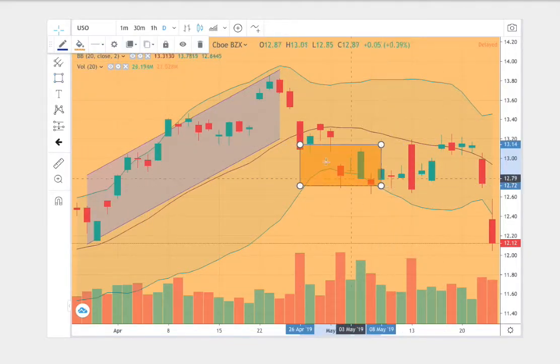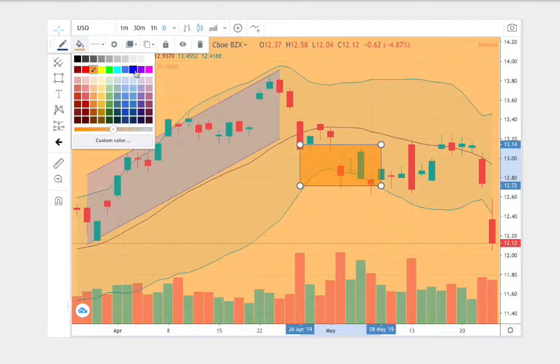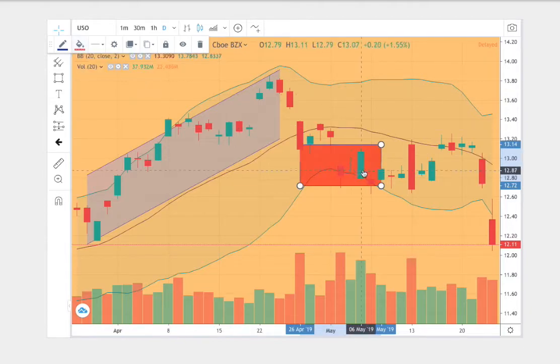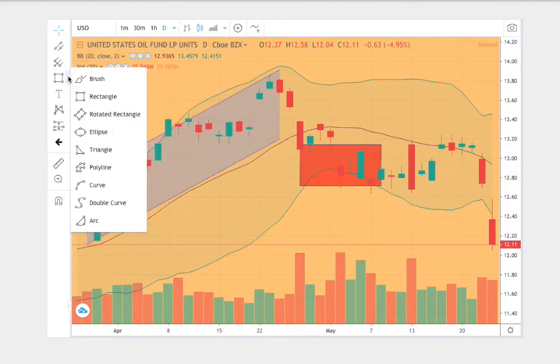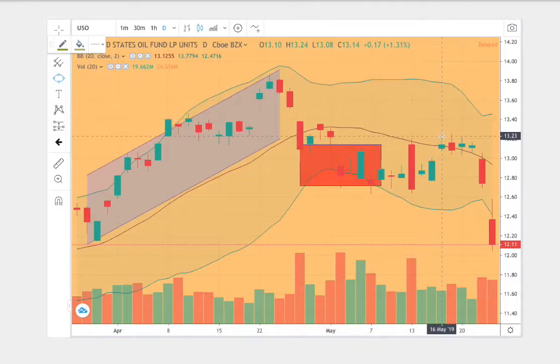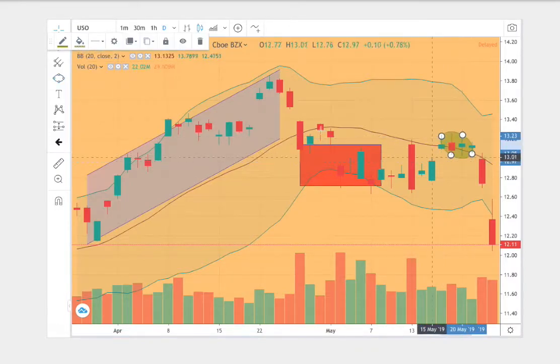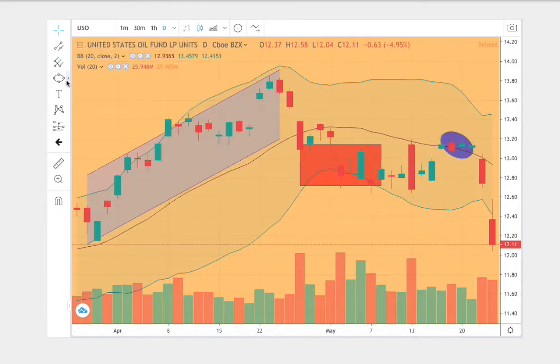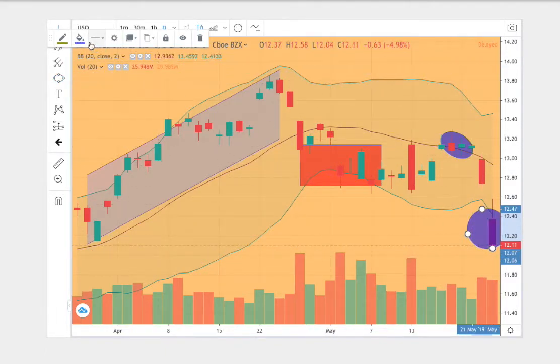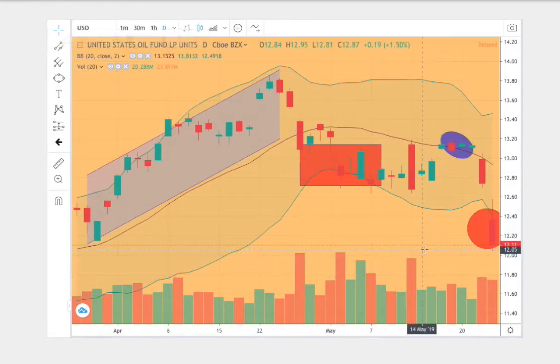It remained constant, steadily below the middle Bollinger Band right here. And we proceeded to attempt to close above the middle Bollinger Band, what we see here. And then we failed to go up higher, and then we break down, which is what we see today, and that will be red.